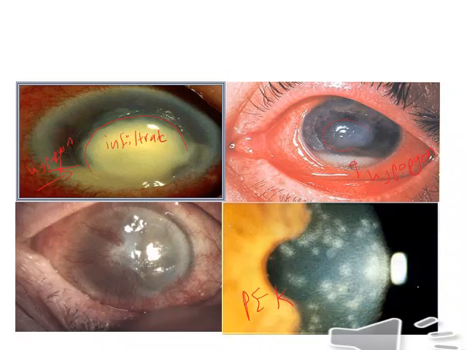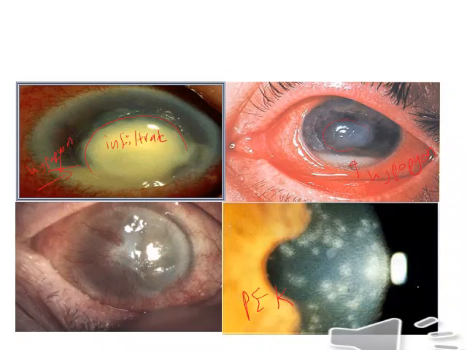So ciliary injection indicates a serious condition. Returning to the upper left photo, there is ciliary injection. What else do we have? Corneal infiltrate. This is a corneal abscess or corneal infiltrate, which indicates focal inflammation. There is leukocyte and cellular debris accumulation in this area, and an overlying epithelial defect.